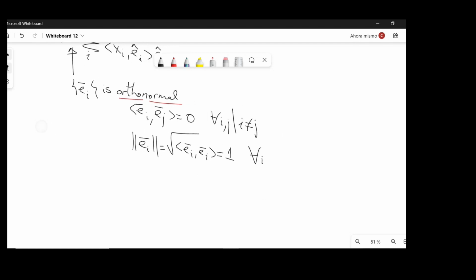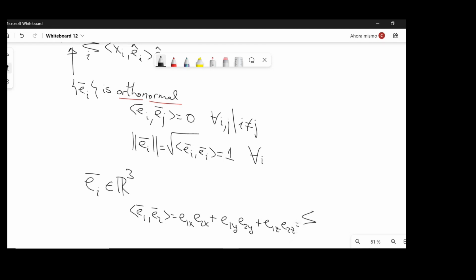For instance, if we are in real valued vectors, so my vectors generally belong to R^3, and I want to compute the inner product between E1 and E2, this is the sum of E1x times E2x, plus E1y times E2y, plus E1z times E2z.